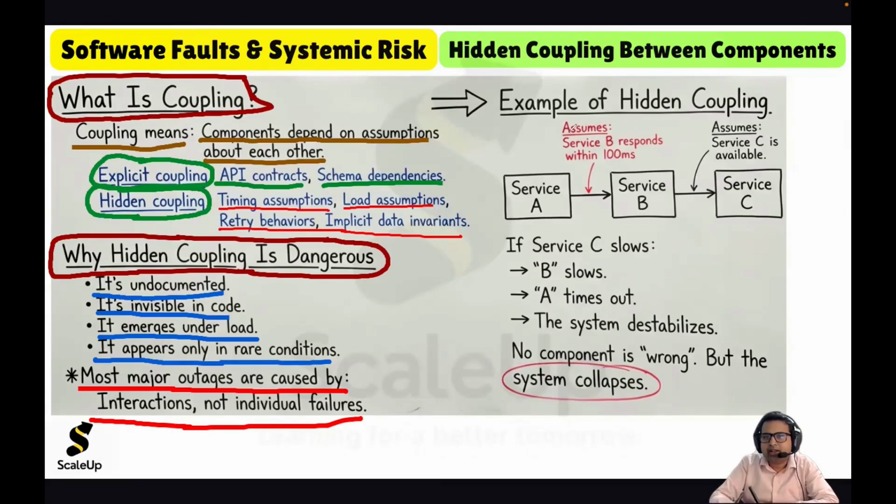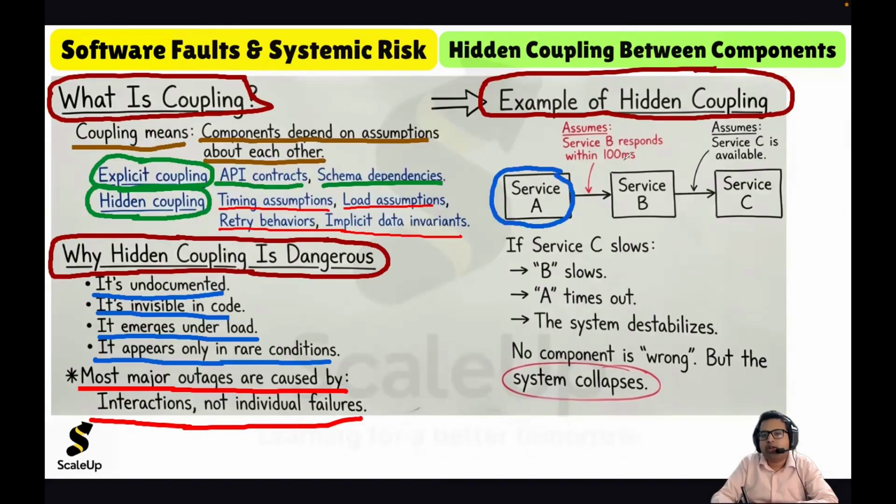So let us look at an example of hidden coupling. We have a service A. It assumes service B will respond in 100 milliseconds, and we have service B, which assumes service C is available. Now let us suppose service C slows down. Since service B is dependent on service C, B will slow down.